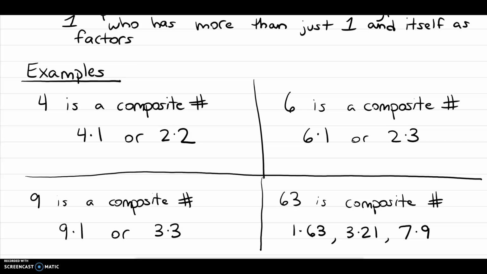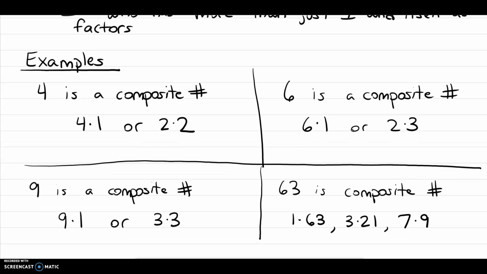Those are the factors of 63, so it shows that you have more than just 1 and the number itself as factors, and that's the definition of a composite number. So you're going to work on identifying prime versus composite numbers, figuring out what are the factors of those numbers. You might have to use your divisibility tests to see if you can divide a number by one of those factors that we've talked about.